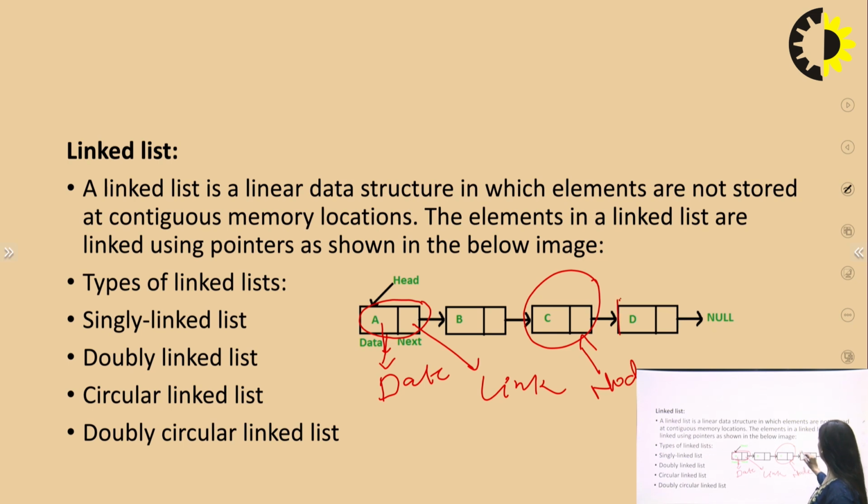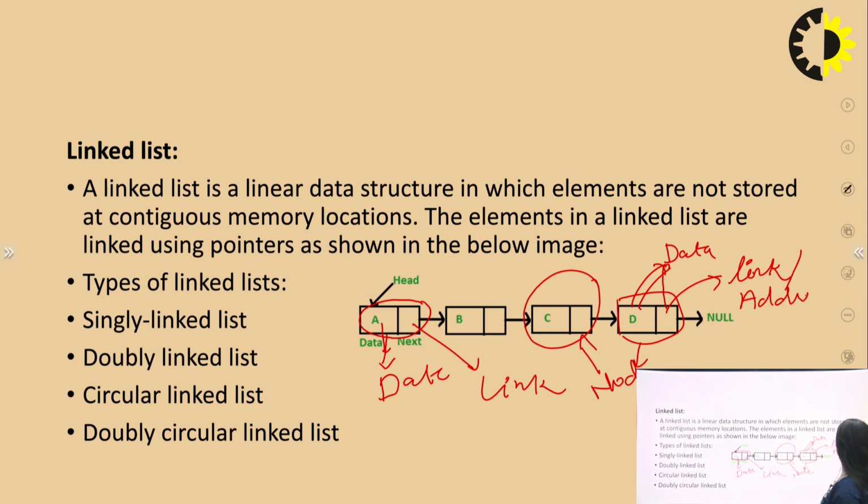We call it a node, and a node is divided into two fields. The first one is the data field and this one is the link, or you can say address field or next. This field stores the address of the next element.